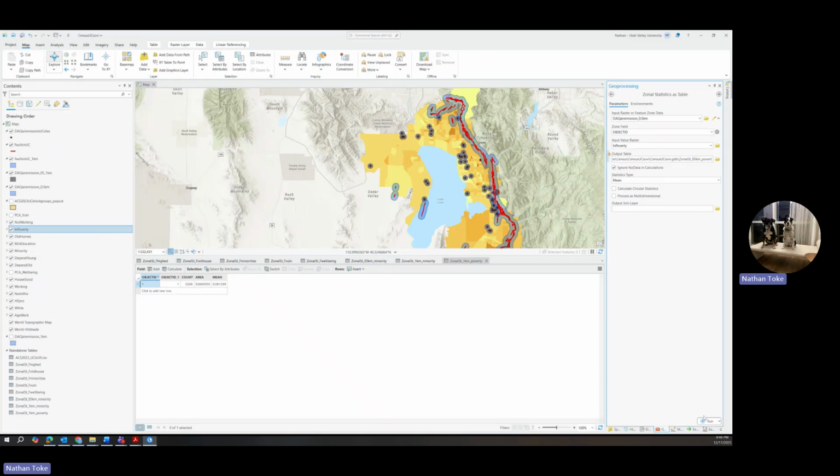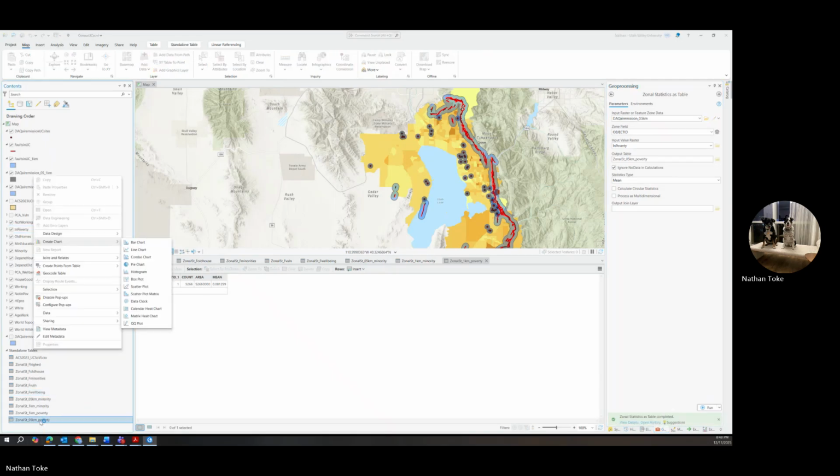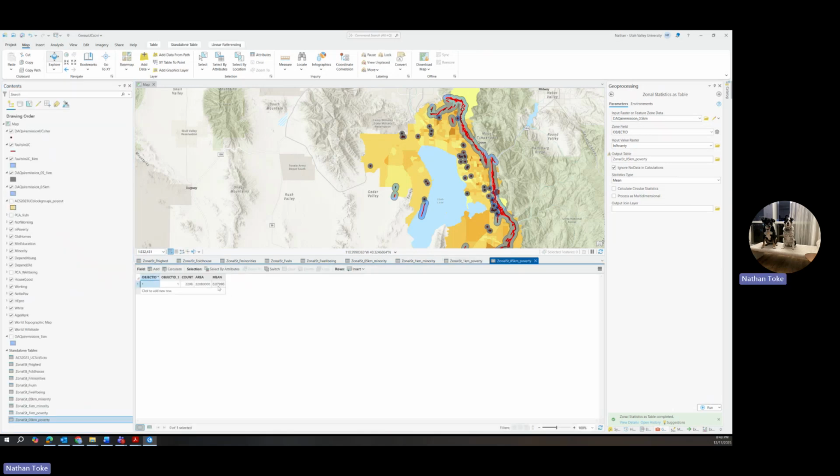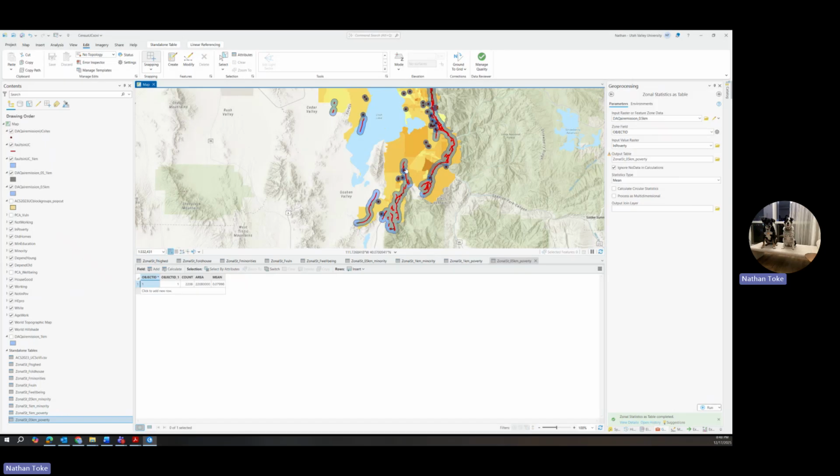So zooming in even more. And it's just a similar result, about 8%. So generally speaking, higher rates of poverty near these air emission sites.